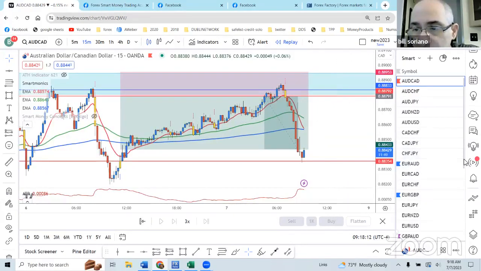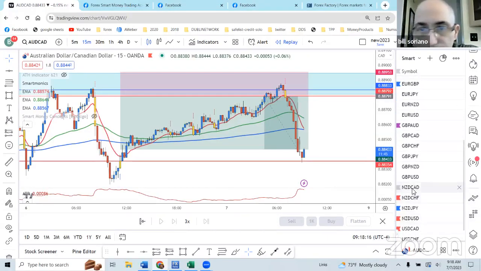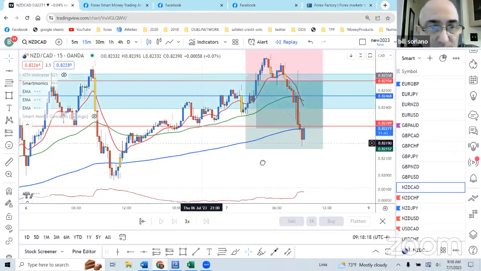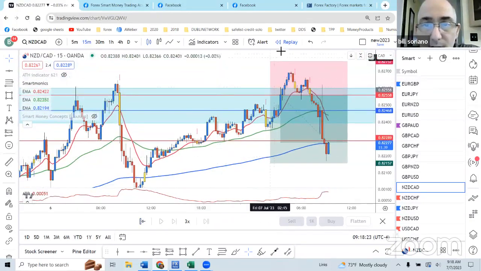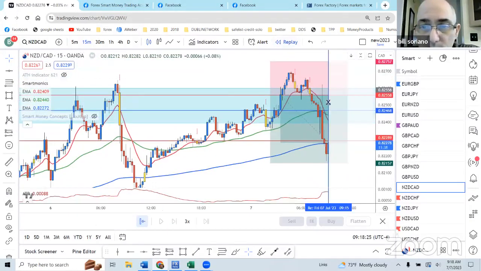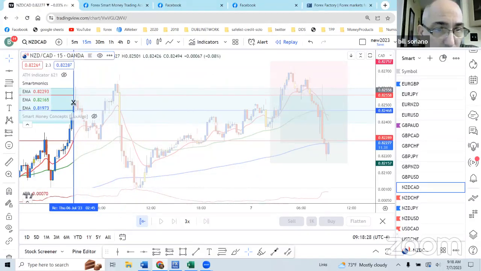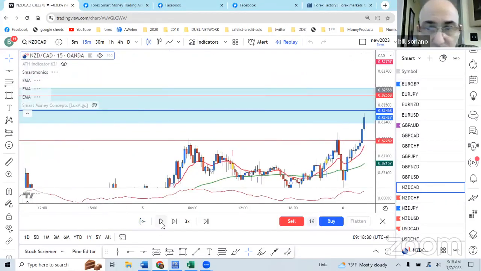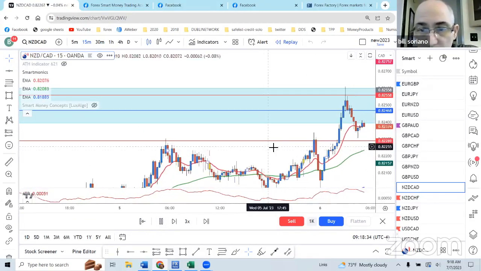Now we had a similar situation here in NZDCAD. So this is the NZDCAD trade here. And again, if we want to look at the replay on this one, come back to here where price hits our point of interest, right? Now we're looking for the choke.